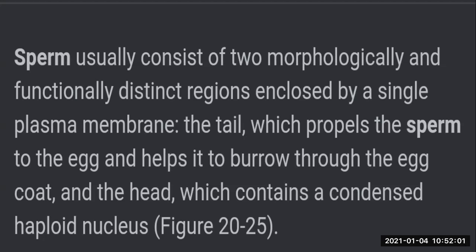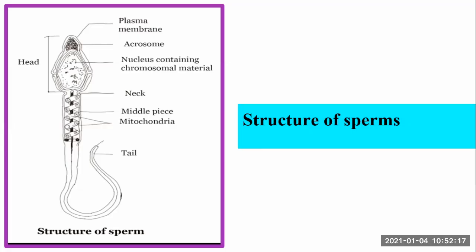The head part contains the genetic material, which is the haploid nucleus, whereas the tail part helps propel the sperm towards the egg, that is the movement towards the egg. Here you can see the structure, the head portion as well as the tail portion. In the head part, you can see the plasma membrane. Then the conical part is the acrosome.